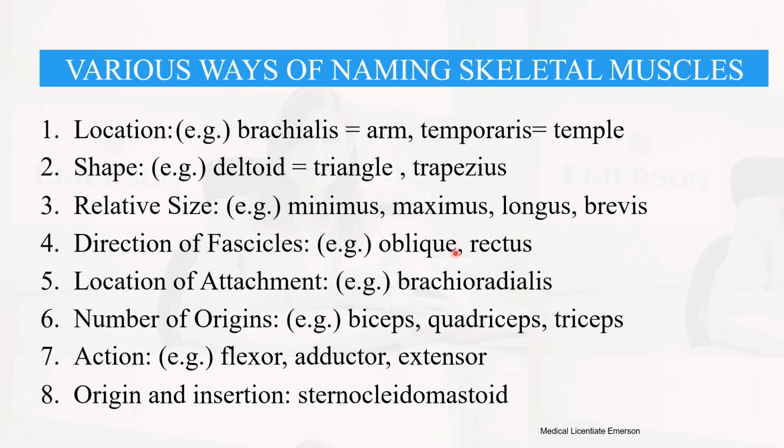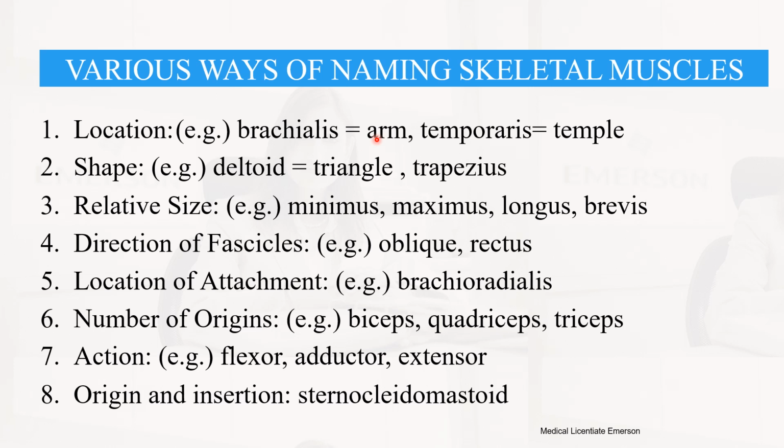Okay, so let's start. There are various ways of naming the skeletal muscles. Number one way is the location. For location, we say, for example, brachialis. With brachialis, we talk about the arm.